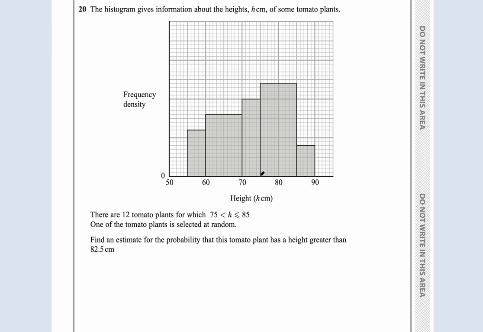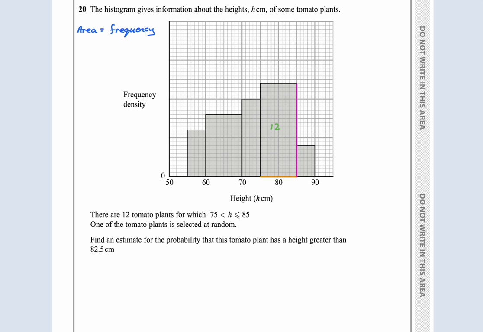So between this and this, we have 12. So the area, remember guys, the area gives the frequency. If you just remember that, you can figure out histograms. The area is the frequency.